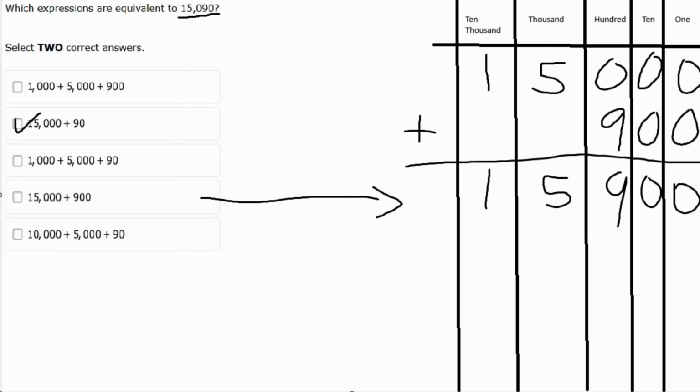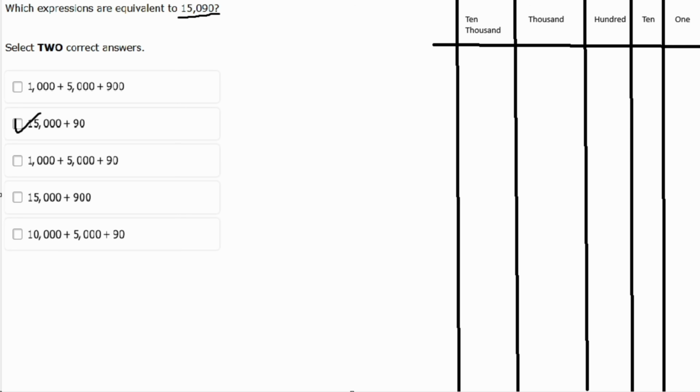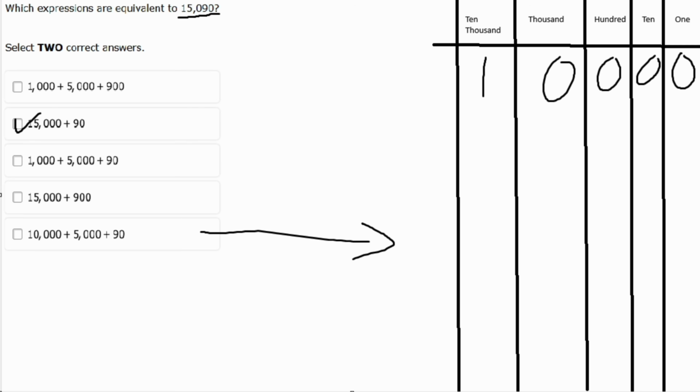All right, let's look at the next answer choice. So here we have 10,000 plus 5,000 plus 90. So we're going to put that in our place value. All right, have a 1 in the 10,000s place. Next we have 5,000. So we're going to have 0 in the ones, in the tens, and the hundreds, and a 5 in the thousands place.